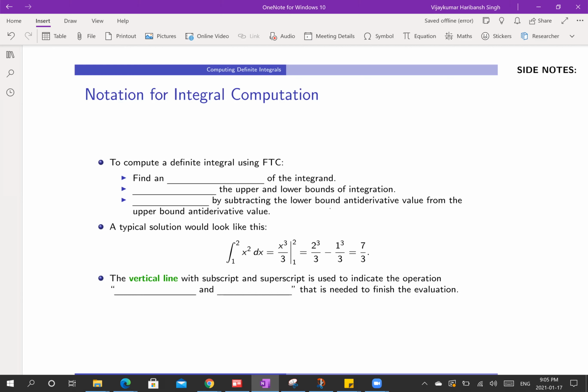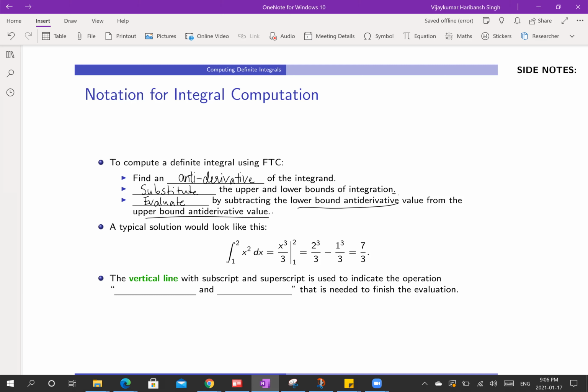One needs to find an antiderivative of the integrand, and then substitute the upper and the lower bounds of integration. Then evaluate this definite integral by subtracting the lower bound antiderivative value from the upper bound value of the antiderivative.